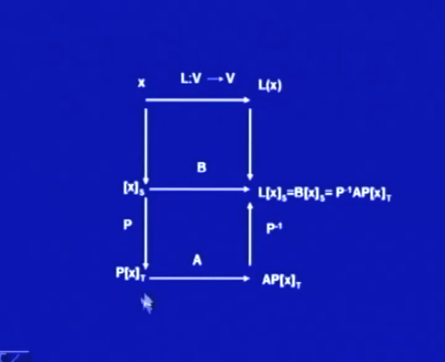So, this vector when it maps to this, it is A of P x_T, and then you can again come back from here. So, a matrix P inverse is to be multiplied to get this, so that means B is P inverse AP. So, we can say it is the same vector, but in a different basis.